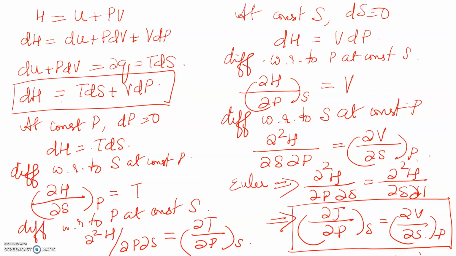Okay, now let's see the third equation, Maxwell's equation based on the third thermodynamic function, and it is A. A is the Helmholtz free energy and A is defined as U minus TS. So what is dA? dA is dU minus TdS minus SdT.